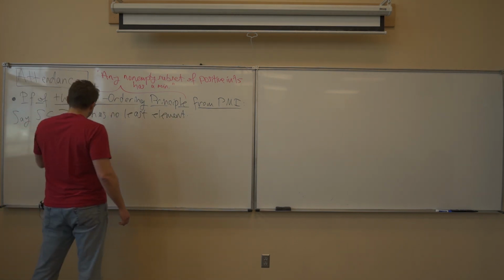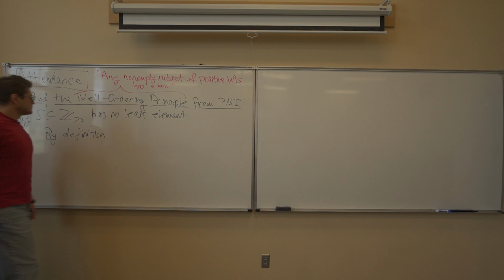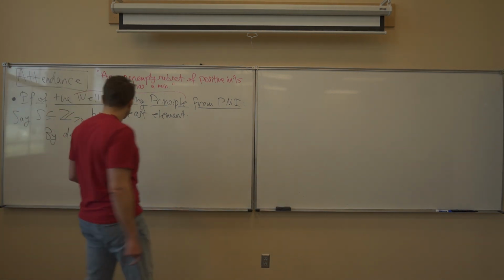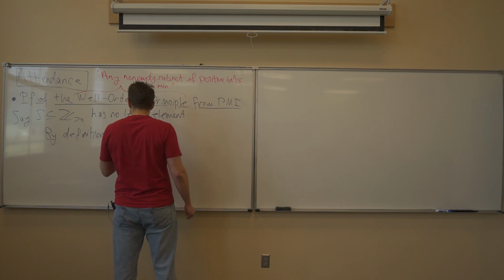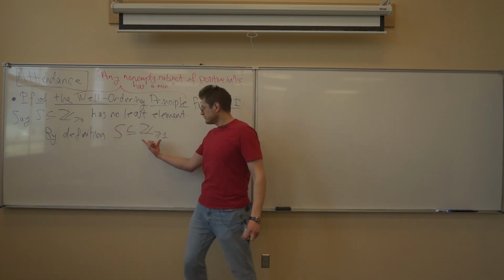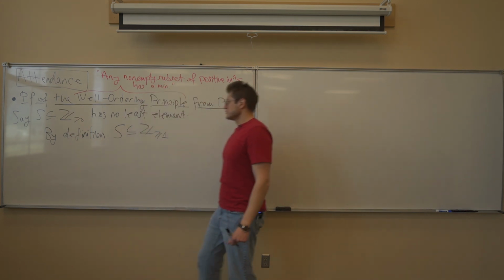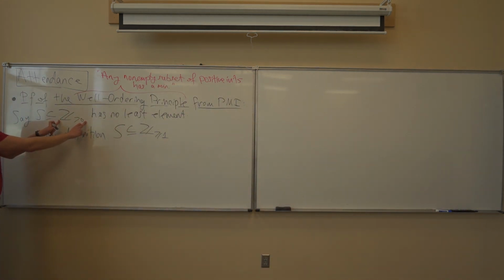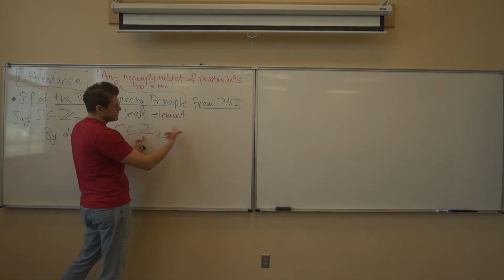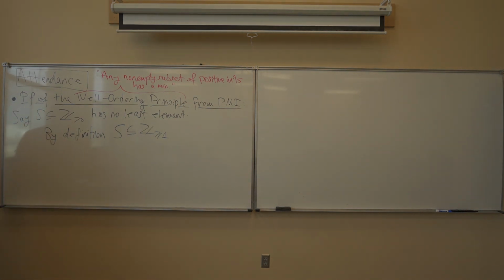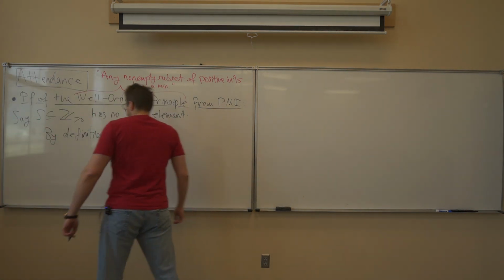By definition, S is a subset of all integers starting from 1. This set literally is the same set as this, of course. This is the set of all integers greater than 0, and this is the set of all integers greater than or equal to 1. These are literally the same thing, but you're going to see why I'm writing it like this in a second.